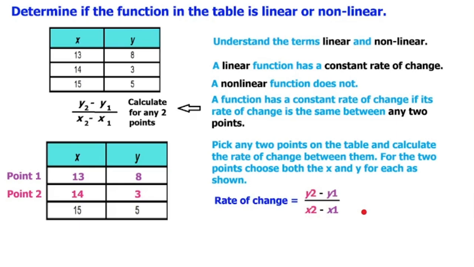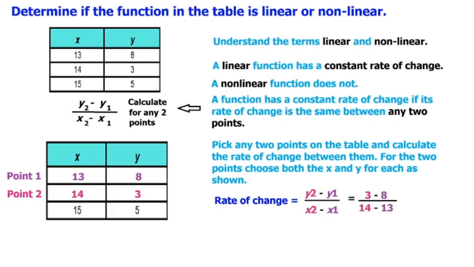So y2 minus y1. So this is y2, this is y1. And then this is x2, this is x1, right? Point 2, point 1. So let's plug in those numbers.